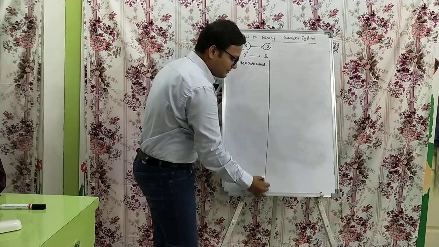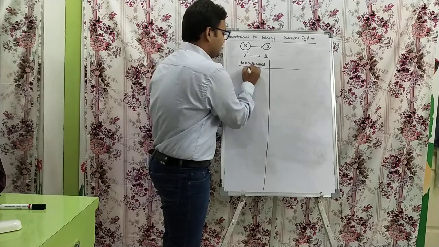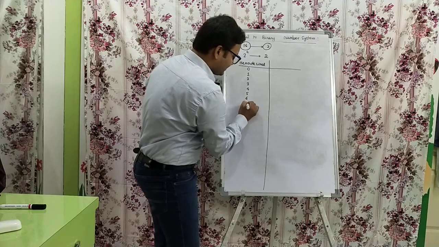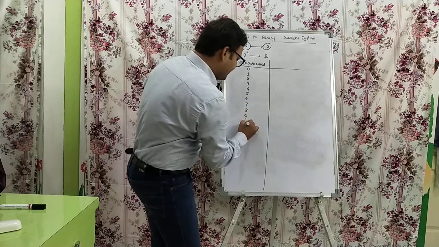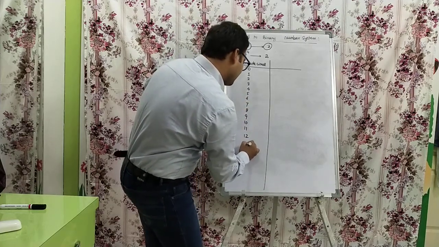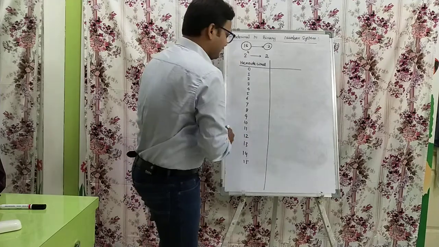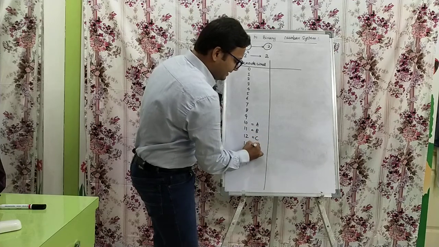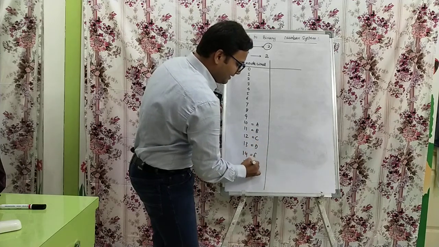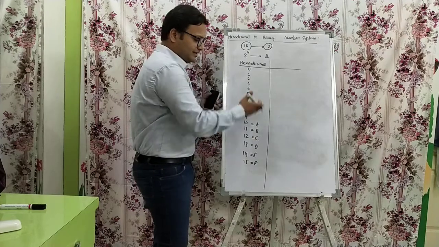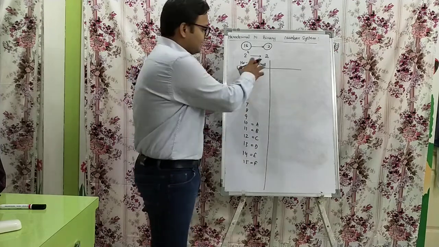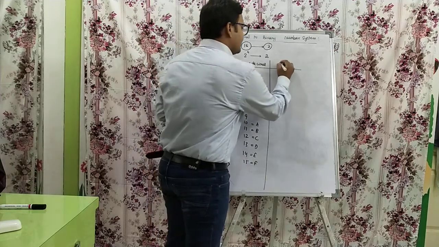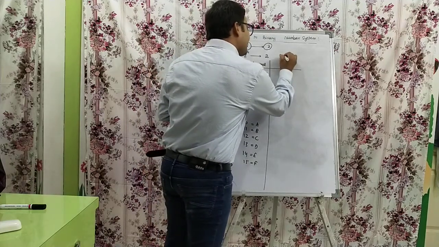What are the hexadecimal numbers here? 0, 1, 2, 3, 4, 5, 6, 7, 8, 9, 10, 11, 12, 13, 14, 15. From 10 onwards it is encoded as A, B, C, D, E and F. So these are the hexadecimal number system values. The maximum is 15, 0 to 15. So we have to convert to binary.